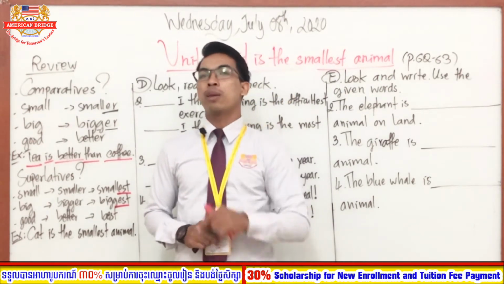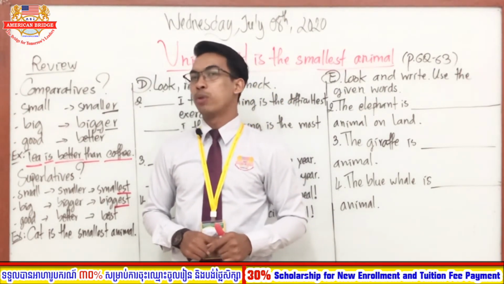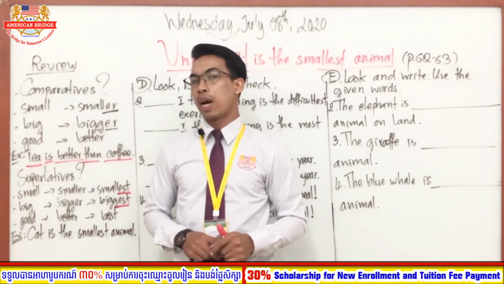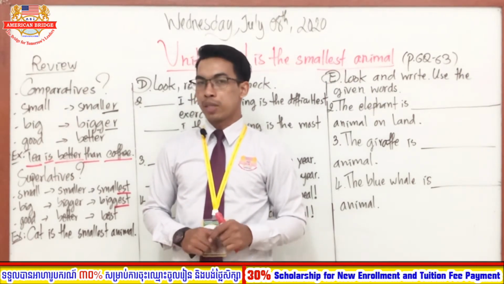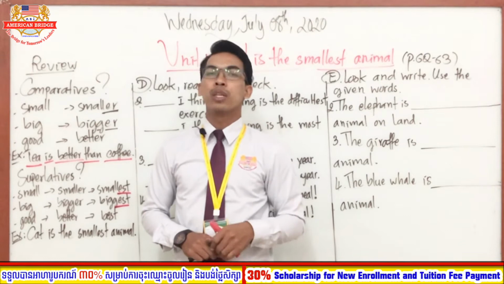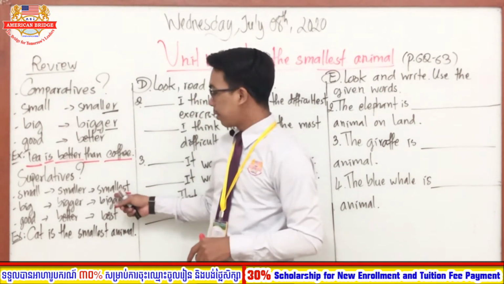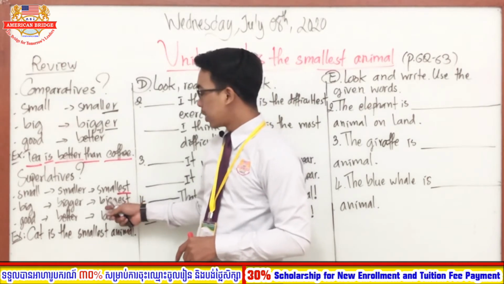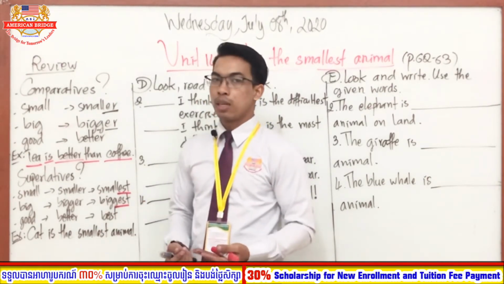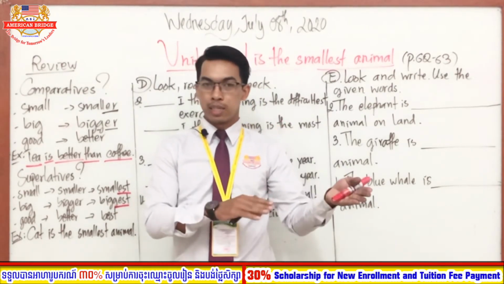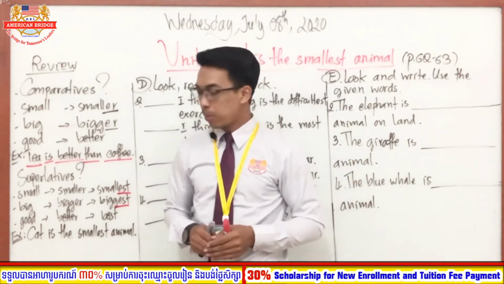One more thing you have to remember all the time is about the article. The article the must be in superlative adjectives, like here, the smallest, the biggest, the best, when we create a sentence. So you have to remember.